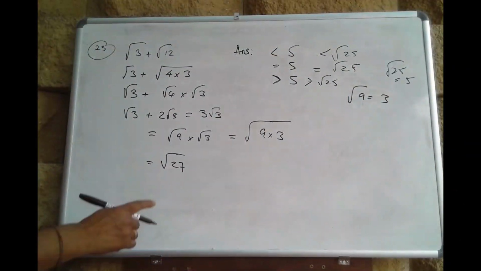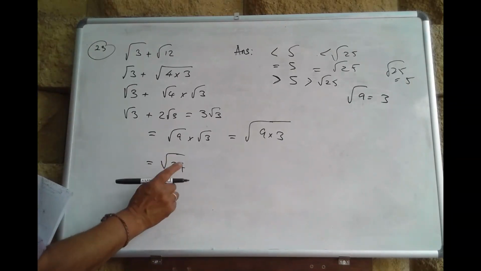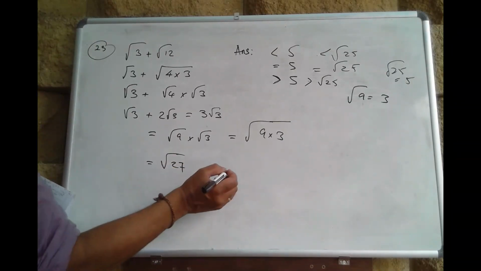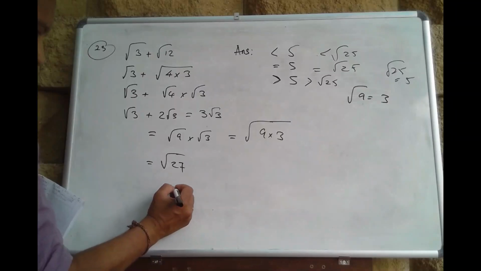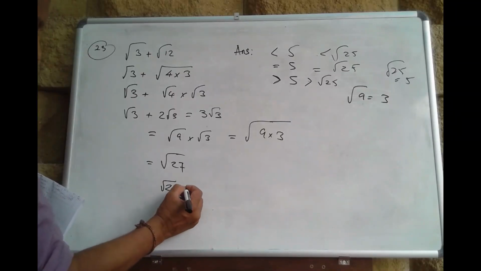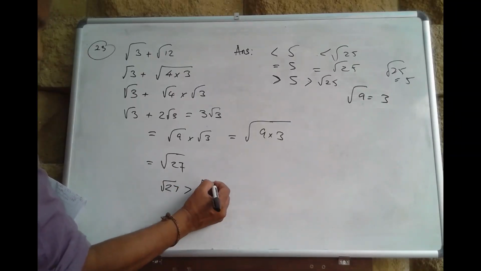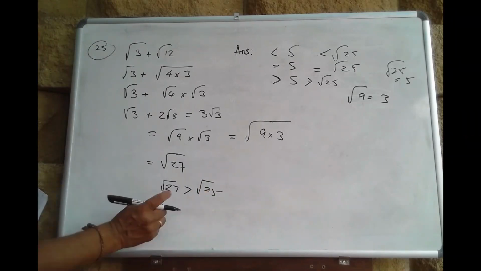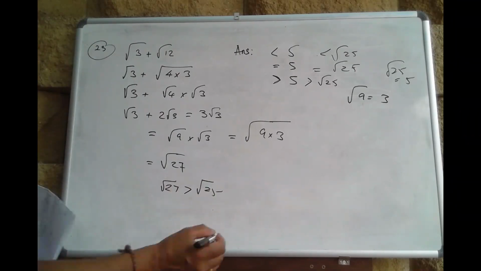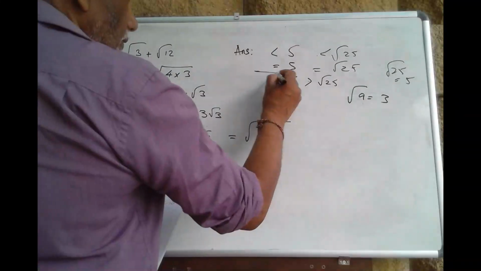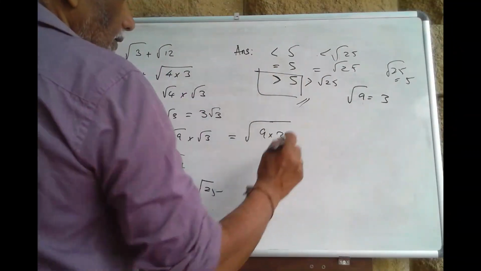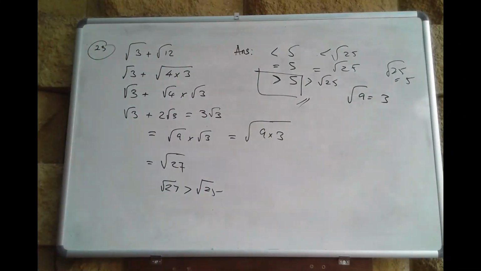But definitely root 27 must be more than root 25. So the answer is more than 5. That's question number 23.